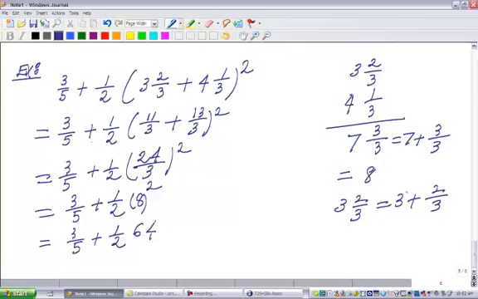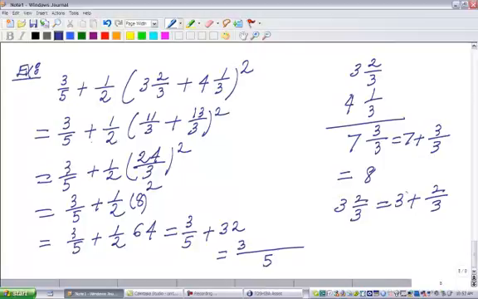64. This is equal to 3 fifths plus, what is 64 divided by 2? 32. Okay, now I add 3 fifths and a 32, right? What's the common denominator? 5.